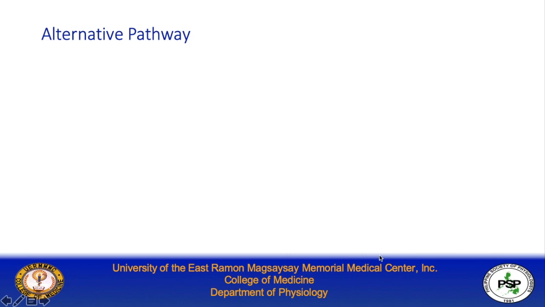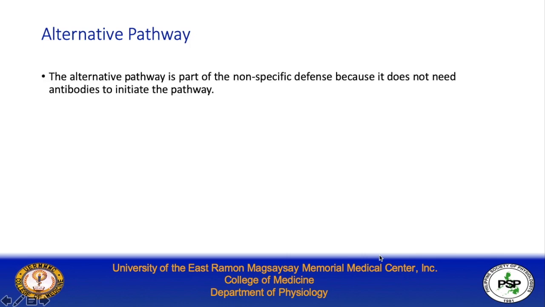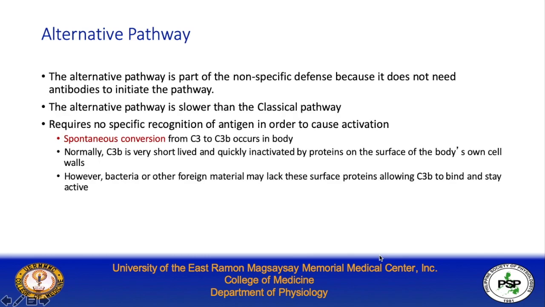For the alternative pathway, this is a non-specific defense because it does not rely on the antibody binding to the microbial cell wall or cell membrane to initiate the pathway. And this is a little bit slower than the classical pathway. And as I mentioned earlier, it does not require recognition of the antigen.